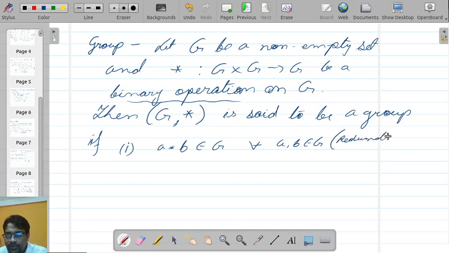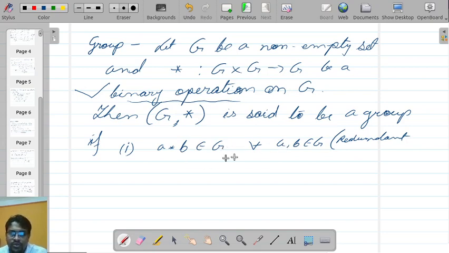I am just writing it to make it clear that this closure property is already included when we say binary operation. It stresses the fact that for G to be a group, whatever elements you take and operate, the result that you get should be an element in G. So there is no harm in writing it once again.